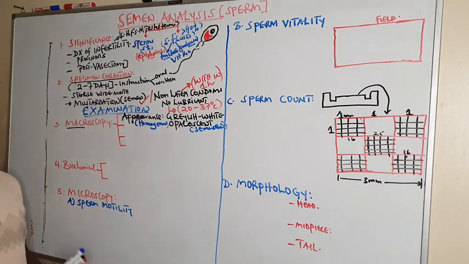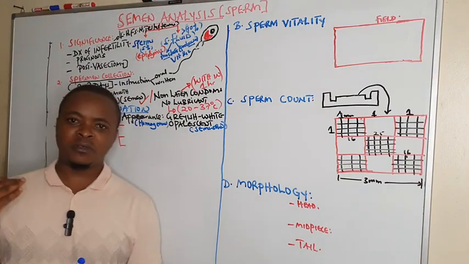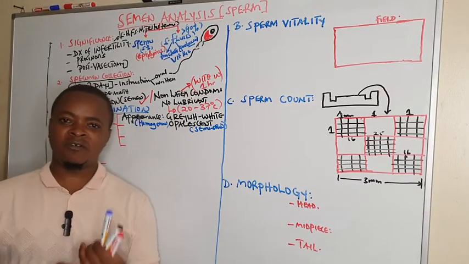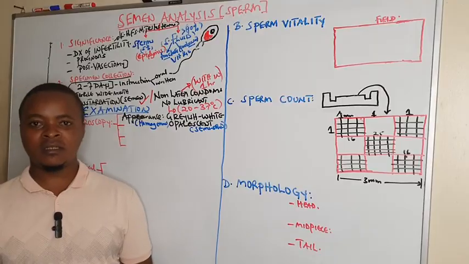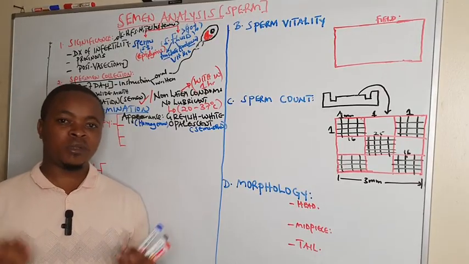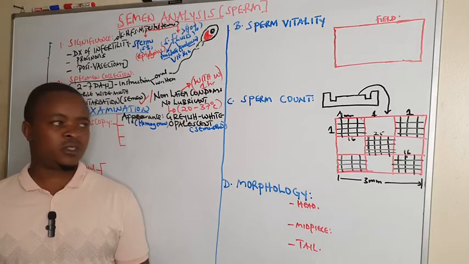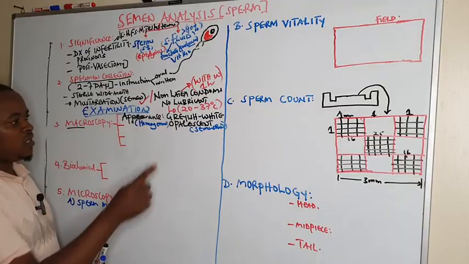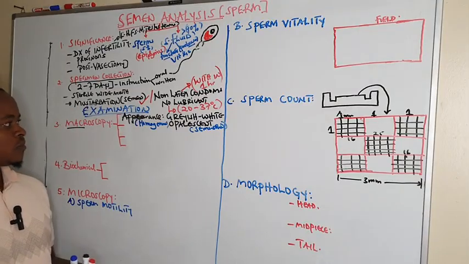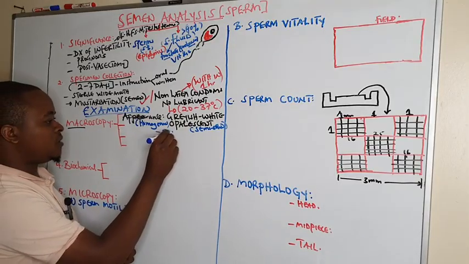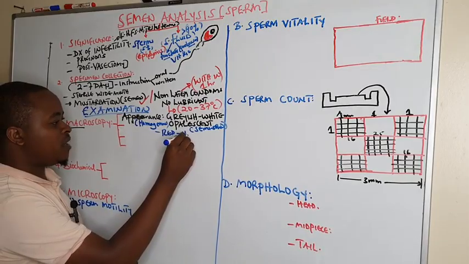But in case of a different color, for example if the semen is yellow, we can suspect maybe liver disease causing jaundice, or a patient on certain food or medication which is causing the semen to look yellow. When the semen is red or pink, we can suspect hemospermia.